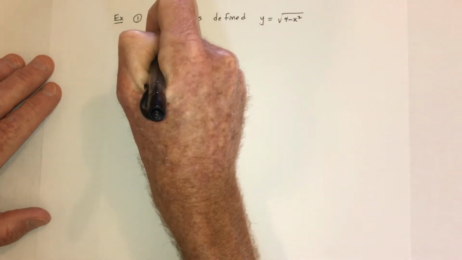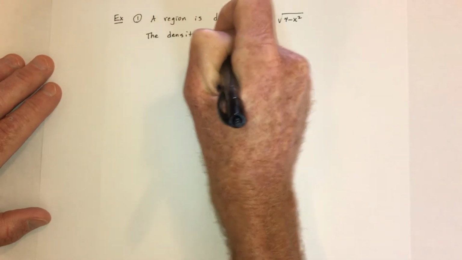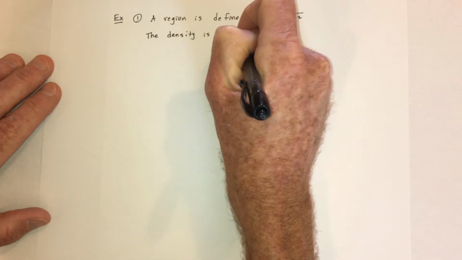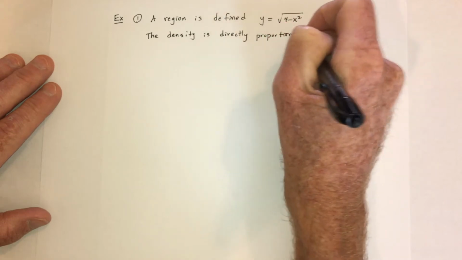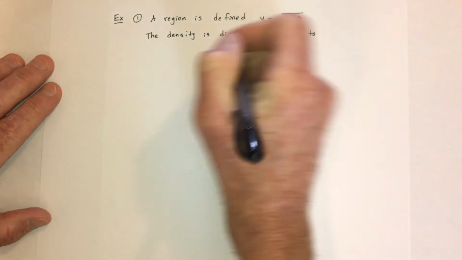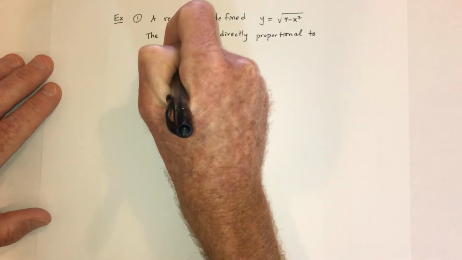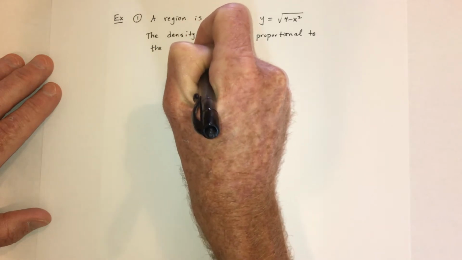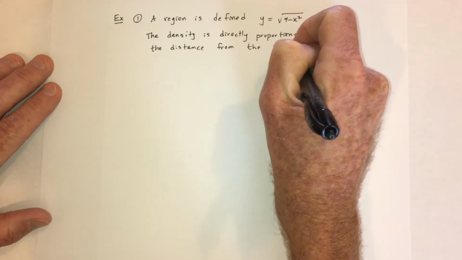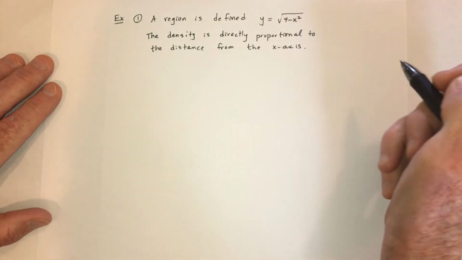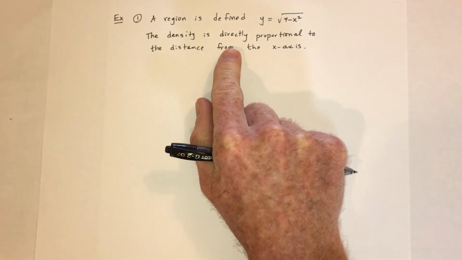The density is directly proportional to the distance from the x-axis. So not only do we get to do 3 triple integrals, but we have to find out what this function is talking about.